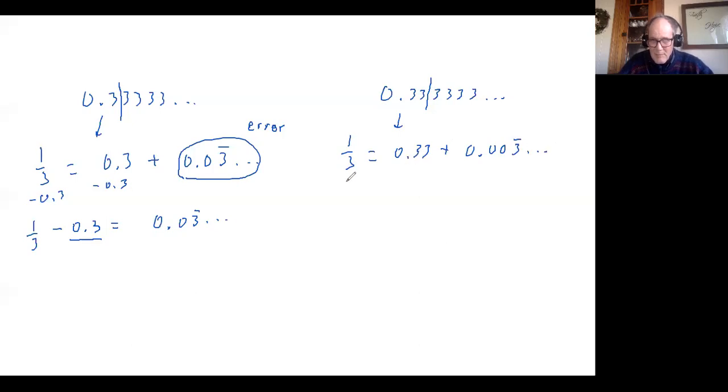Taking the 0.33 across, then the distance between 1/3 and its estimator is 0.003 repeating. So this is the error when this is used as the estimator or the approximation.